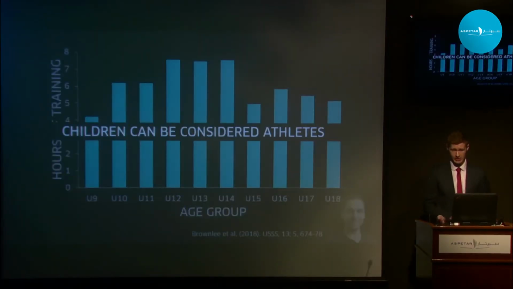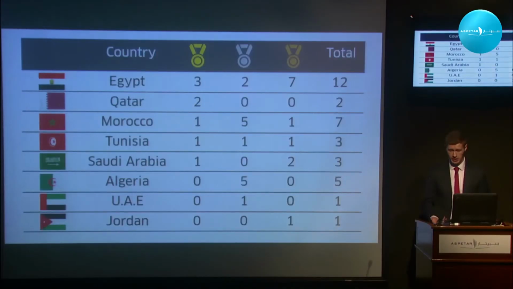I think we can consider children to be athletes. And if we consider the Arab pediatric athlete, in light of the recent Youth Summer Olympic Games, where 17 countries of predominant Arab ethnicity competed, winning a collective 34 medals, I think we can too consider the pediatric Arab athlete to be indeed an athlete.